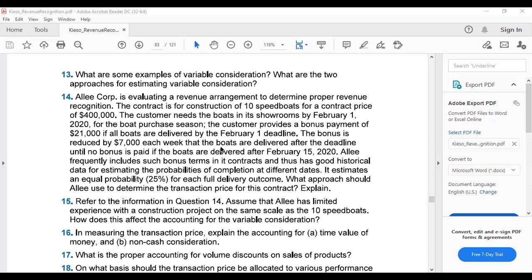Because we will multiply the percentage, how much would it be by February 1? As we discussed earlier, the probability weighted method is the most predictive approach for estimating the variable consideration, just like in this number 14.